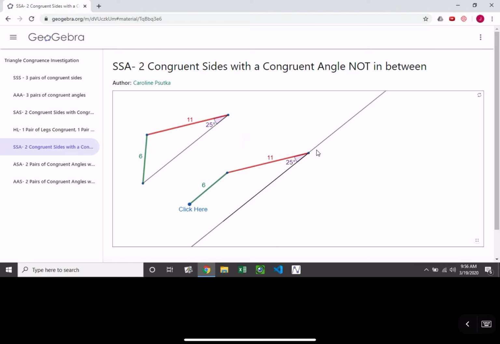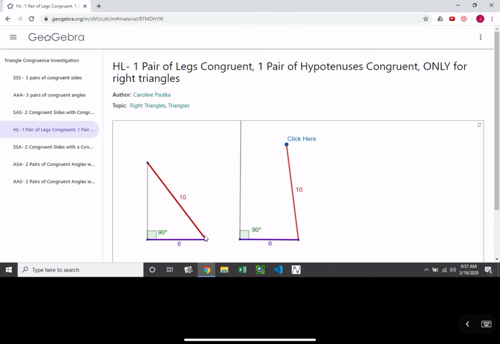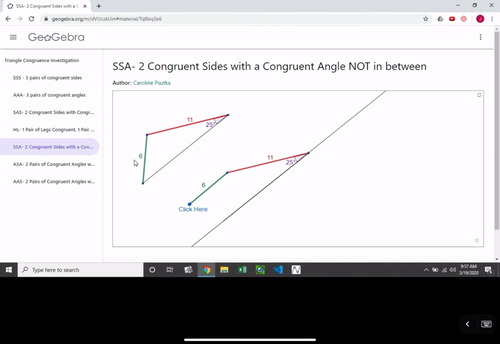Side side angle, so two congruent sides with a congruent angle not between, which is kind of similar to the hypotenuse leg because the angle is not between, but this was specifically a right angle. For side side angle, we do not know that this angle here is 50 or not.